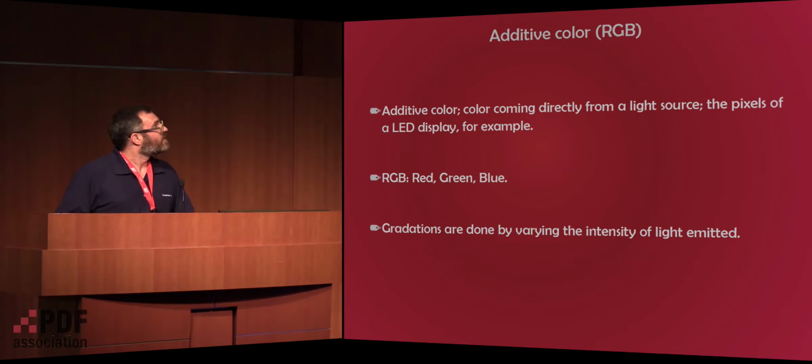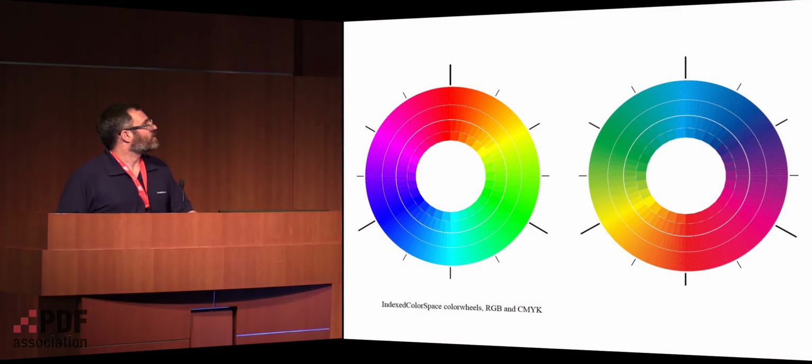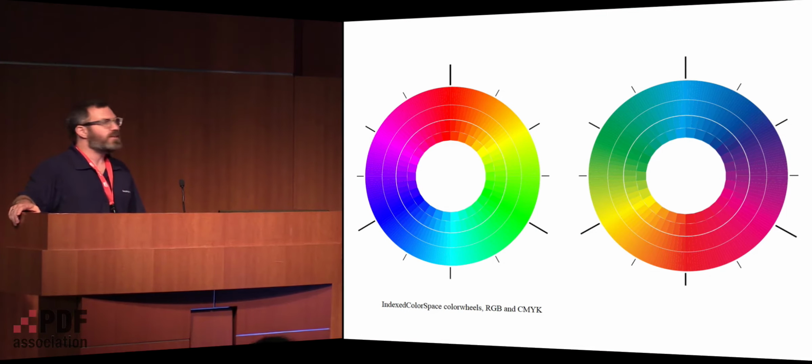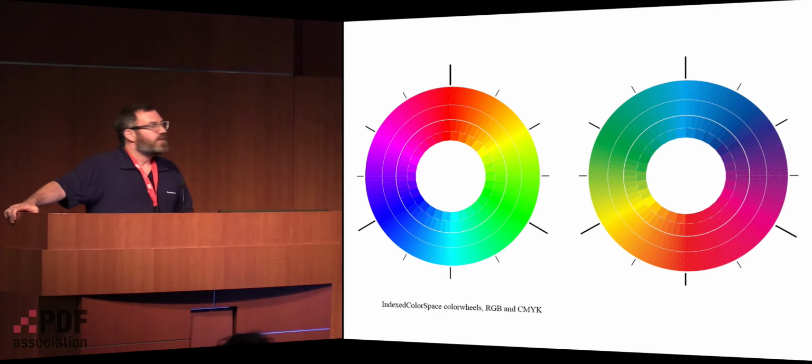Let's look at two color wheels, one for RGB on the left and CMYK on the right. Obviously, the CMYK on the right is a simulation of what would happen if you were printing. These two color wheels are actually created in the same way, using gray code to change one color component at a time, starting with red at 12 o'clock at the top.